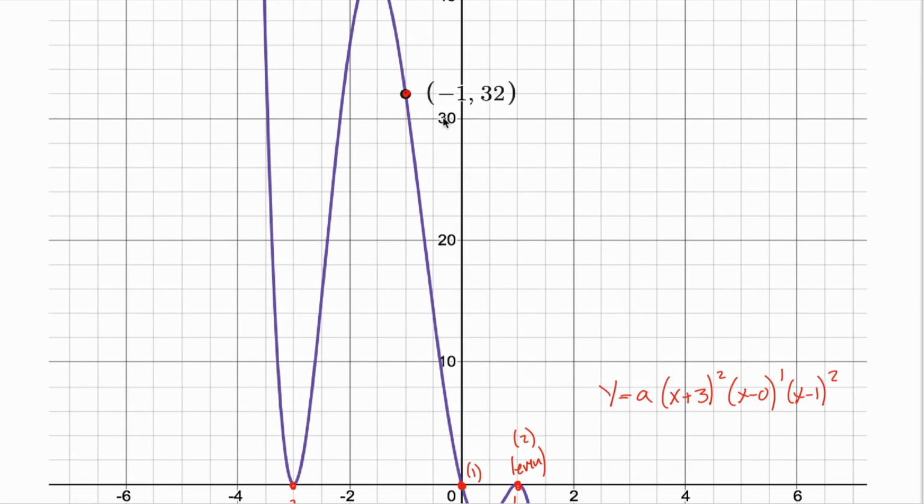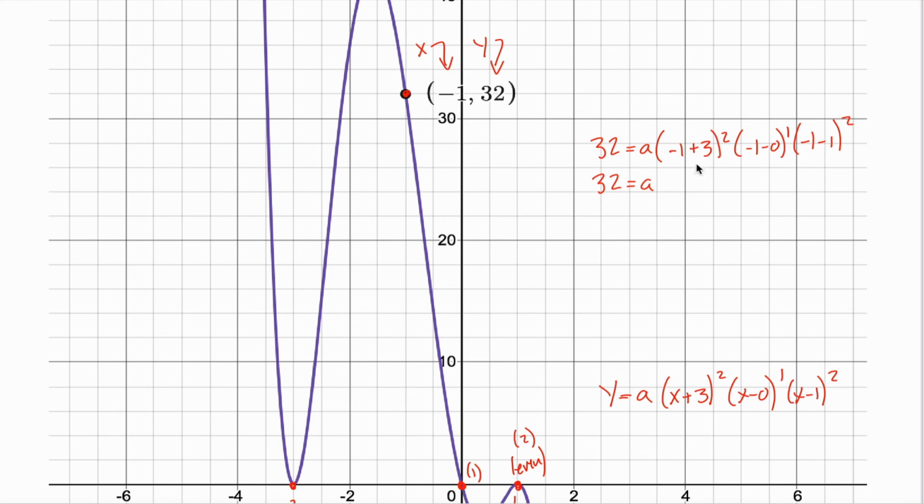Because the graph passes through the point -1, 32, when x is equal to -1, y better be equal to 32. So 32 is equal to a times -1 plus 3 squared times -1 minus 0 to the first times -1 minus 1 squared. A little bit of tedious arithmetic will allow me to solve for a.